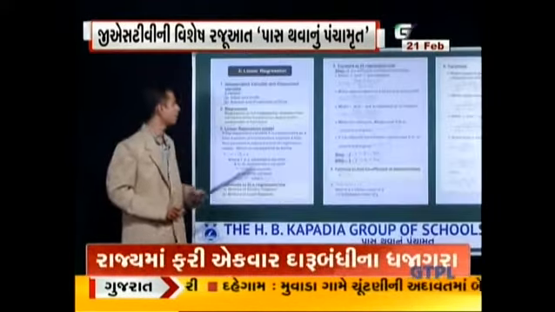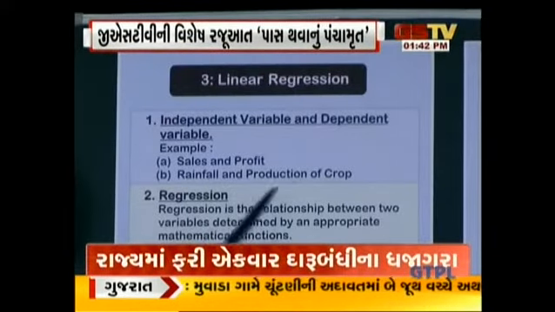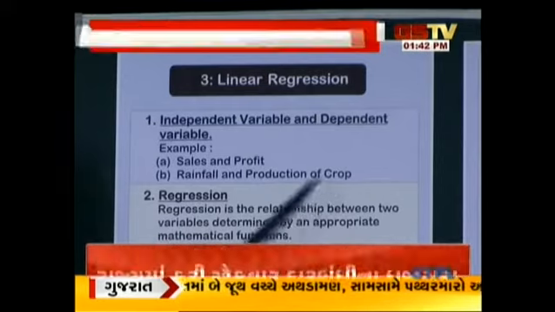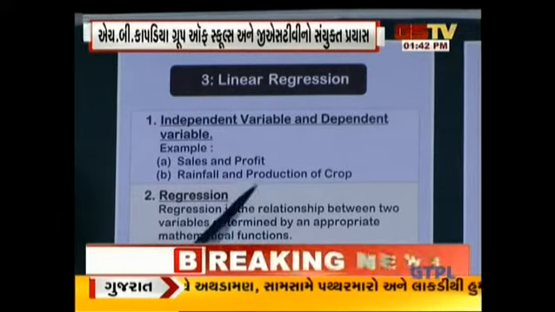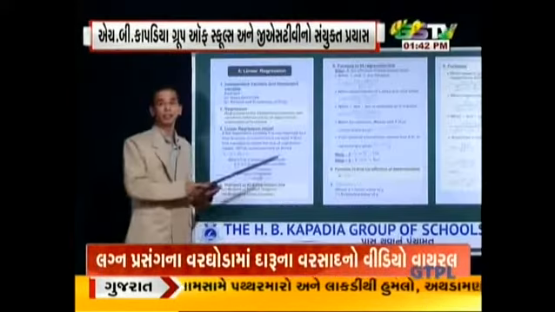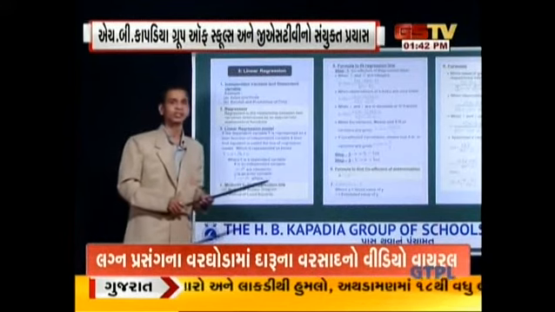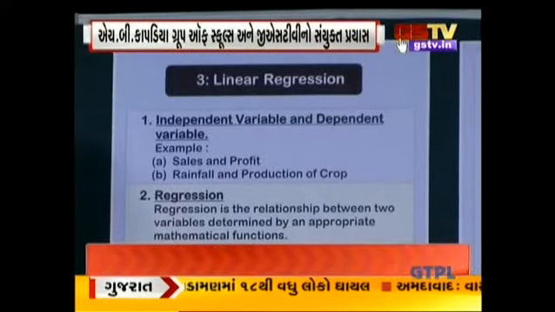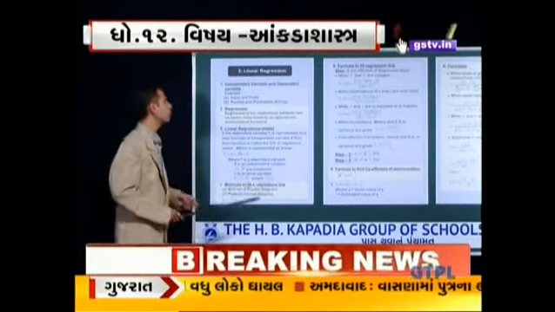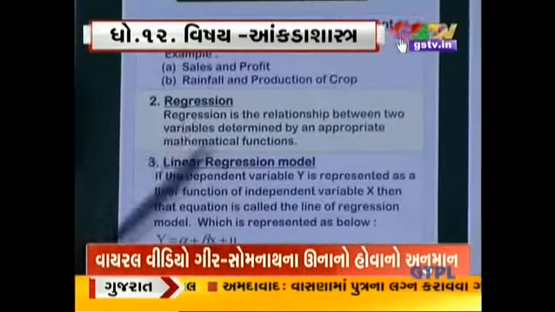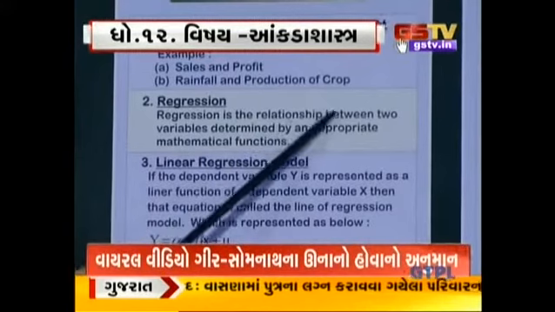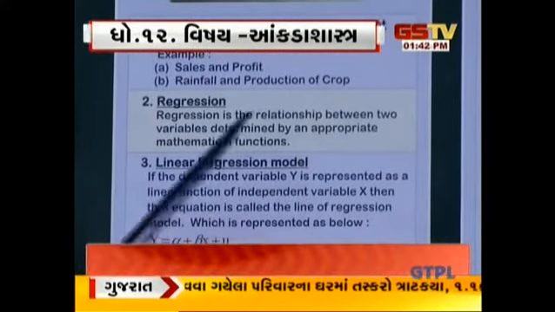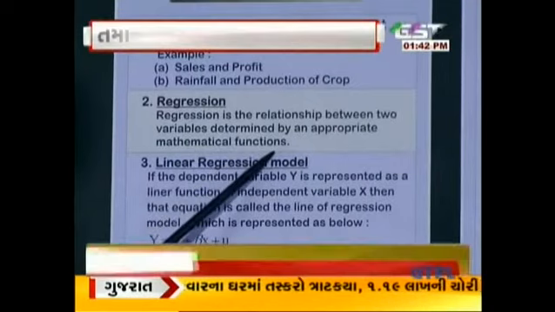Take another example, rainfall and production of crop. Here the production of crop depends on rainfall. So production of crop is a dependent variable which is taken as y and rainfall is taken as the x variable. Now come to the meaning of regression. Regression is the relationship between two variables determined by an appropriate mathematical function.